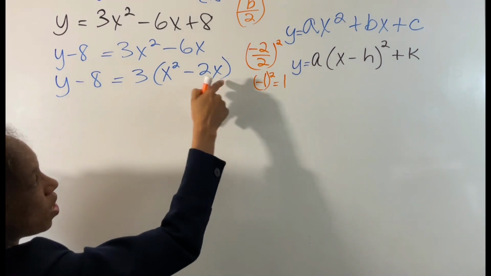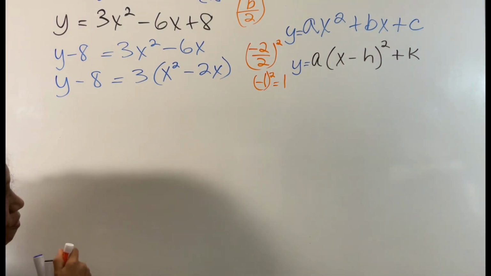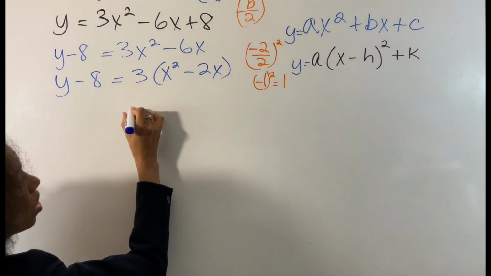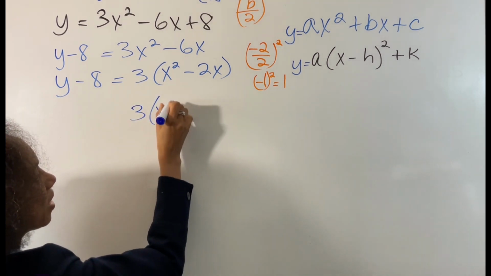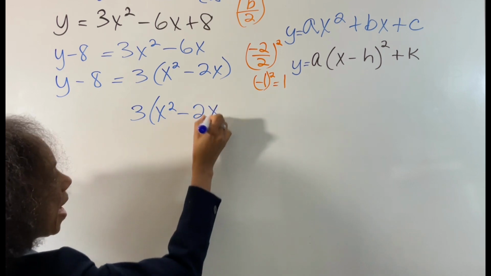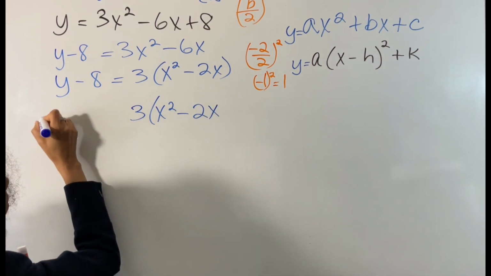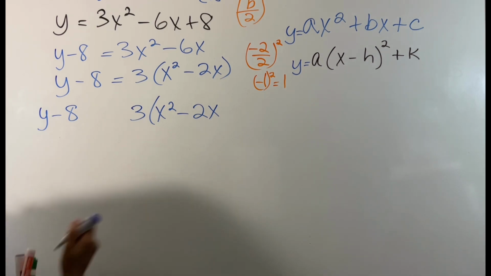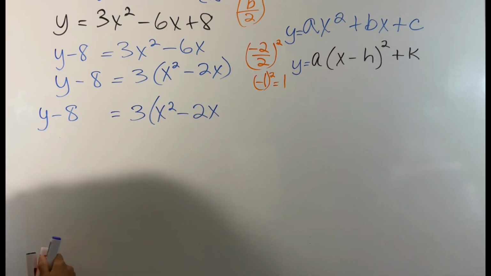But this is what we're going to do. We're going to add the 1 to this side. So I'm going to rewrite everything where I'm going to add the 1 to that side. So watch what I'm going to do. I'm going to rewrite my 3x squared minus 2x. And now I'm going to also write my y minus 8 here. And I'm going to keep my equal sign. But look for the trick here.